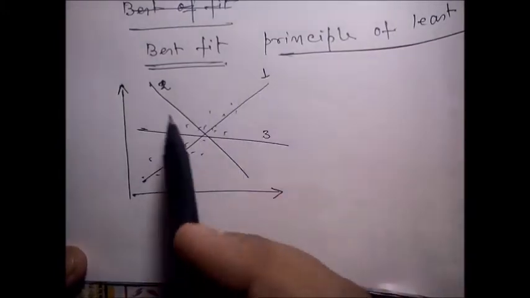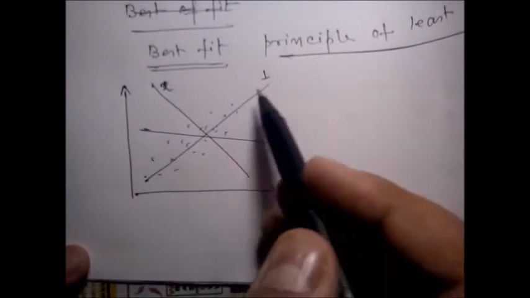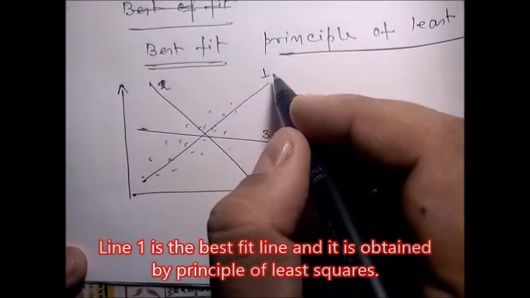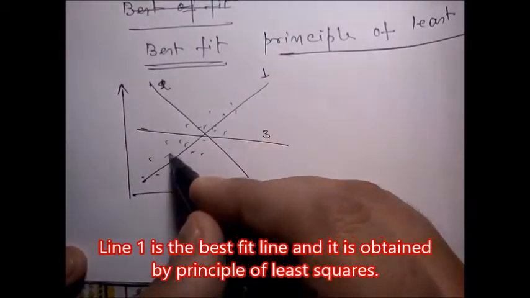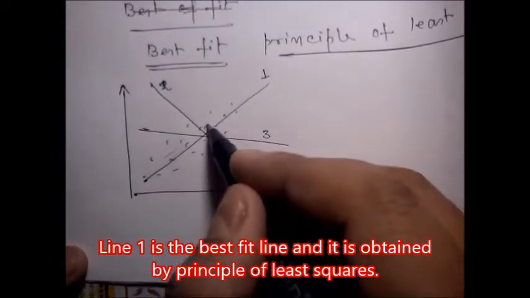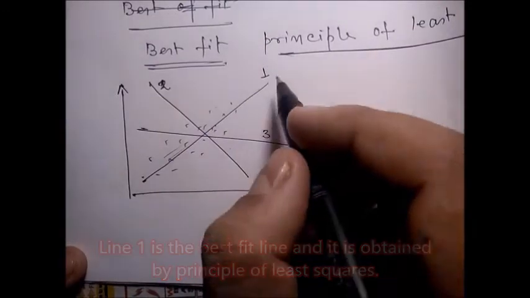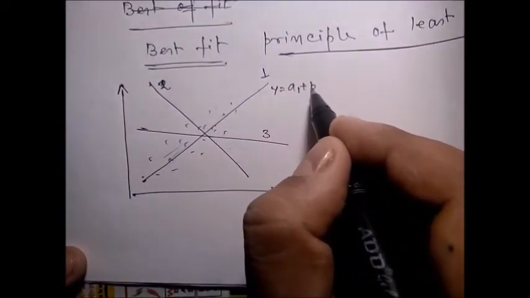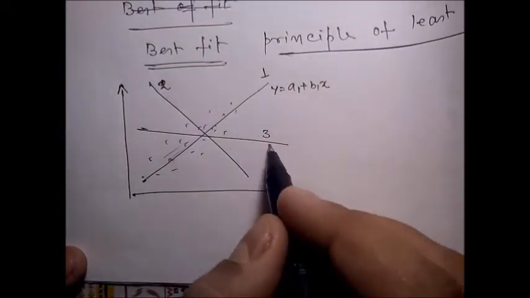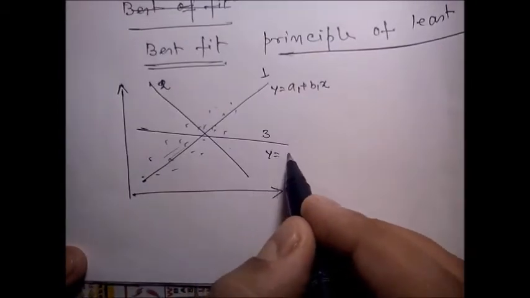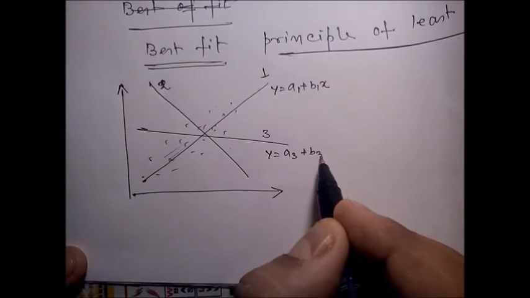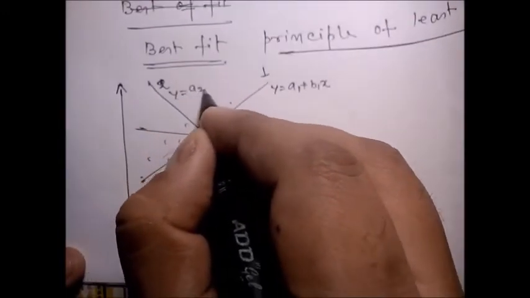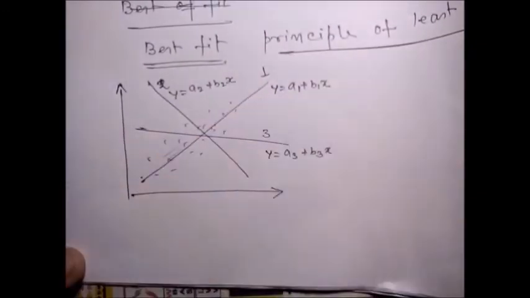Now out of these 3 lines, which one is the best fit for this particular data? Okay, so obviously this one is the best fit. This will be the best line which represents this particular data properly. Now for this particular line the equation is y is equal to a1 plus b1x, for this one it is a3 plus b3x, and for this line it is a2 plus b2x.